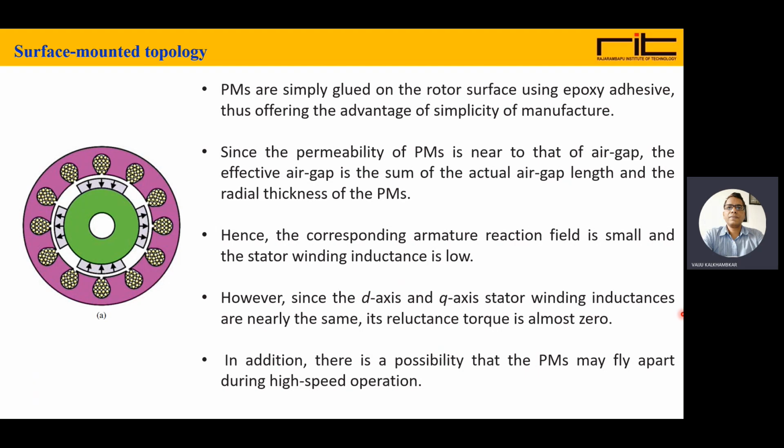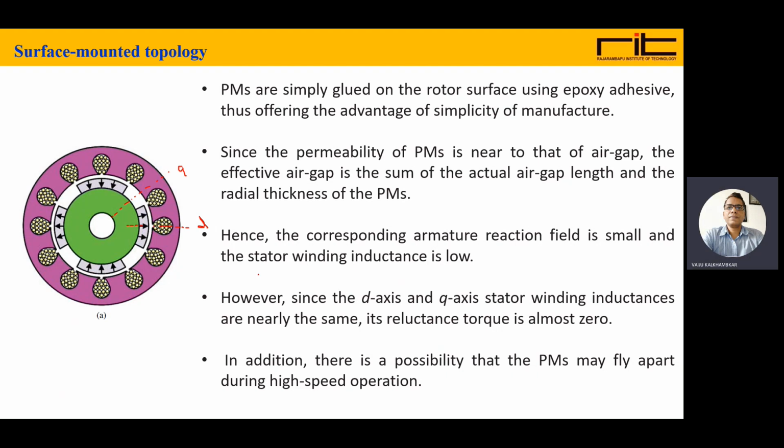So whenever there is difference in the d-axis and q-axis inductances, the reluctance torque is produced. But here the d-axis is the axis from this magnet and the q-axis is in between these two magnets. So quadrature axis.